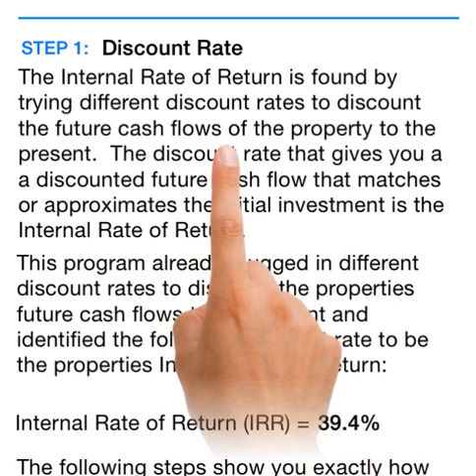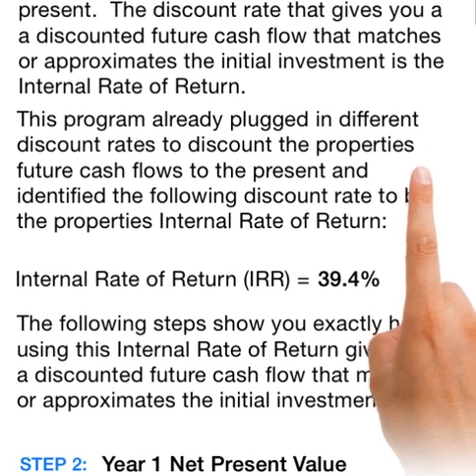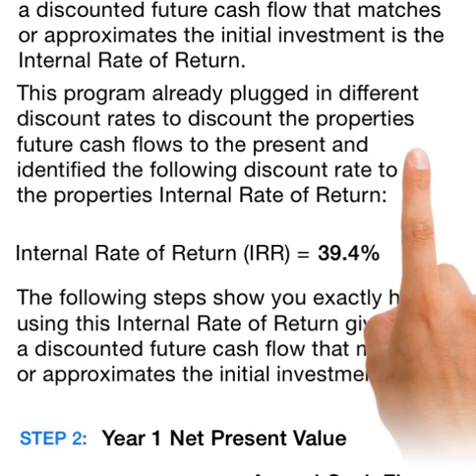Essentially, the internal rate of return is a trial and error calculation: by trying different discount rates, you have to find the discount rate that is going to match your required rate of return. Essentially, it's going to bring the future cash flows discounted to the present, and it's going to match your internal rate of return.